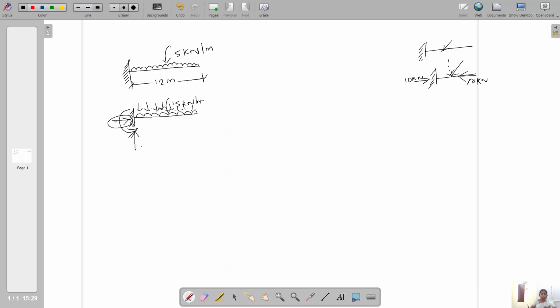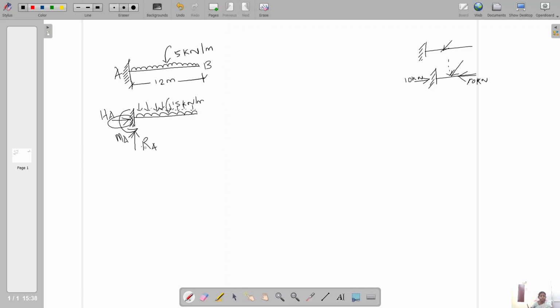That is, HA, the horizontal reaction at A, is not there. We only have RA and moment at A.